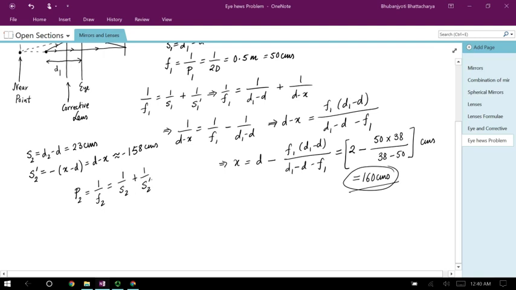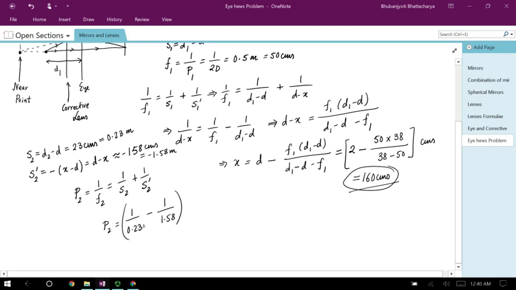And we can just simply substitute at this point. I would try to convert these to meters first to make life simple for us. So this is 0.23 meters. This is equal to negative 1.58 meters. If I plug that in, I get p2 is equal to 1 over 0.23 minus 1 over 1.58.